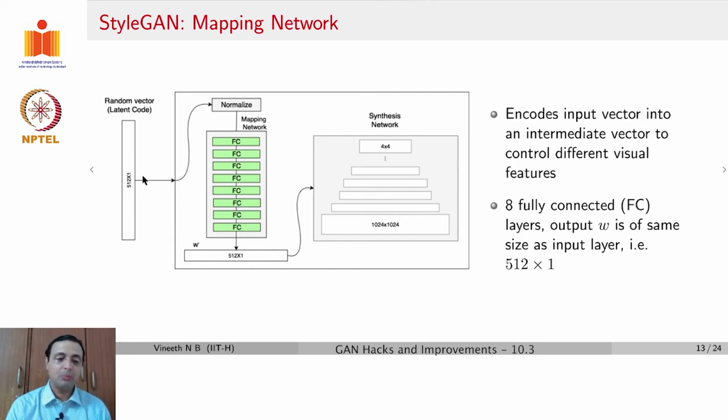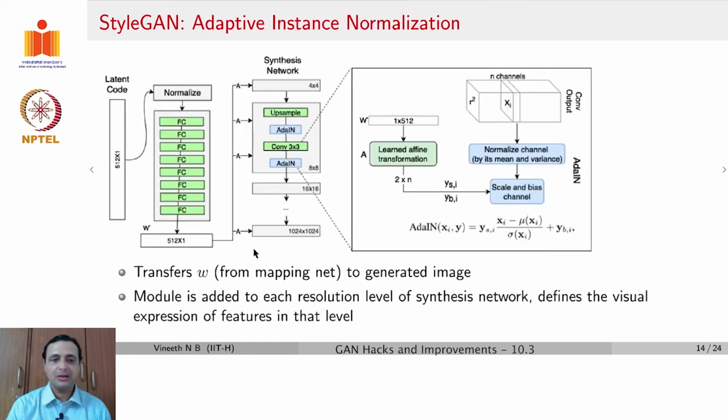Remember, the input latent was also 512 cross 1, so these 8 fully connected layers do not change the dimension of the input. And this transformed vector, which we call W, is given as input to the generator or the synthesis network.